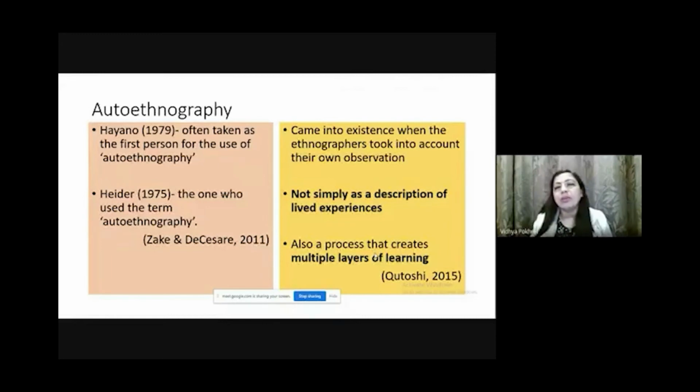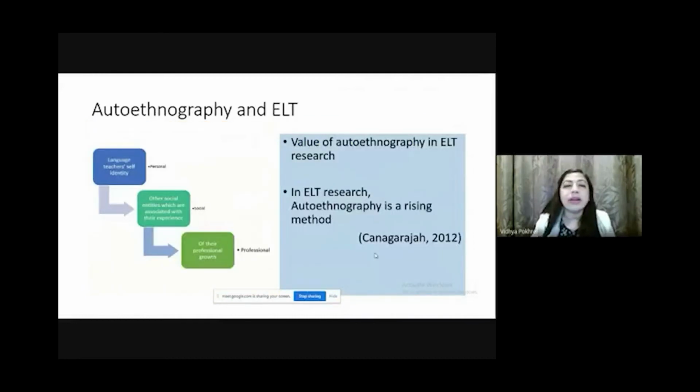I mean, observing others is also important, but it is more important to know ourselves first. So it came into existence in that way, and it's not simply a description of lived experiences. Rather, it is also a process that creates multiple layers of learning. Kutashi 2015 also claimed this.